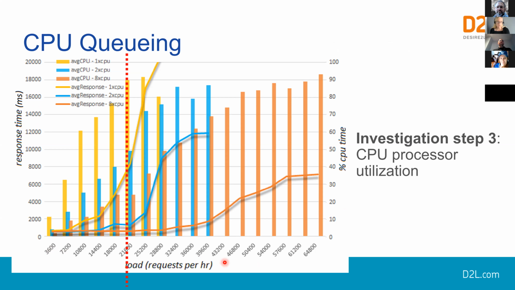We have the 3 curved lines that show 1, 2, and 8 processors that were used for the test runs. And we have that arbitrary load of 21,000 requests per hour. The added data points, the vertical bars, represent CPU usage as measured by the secondary y-axis on the right.